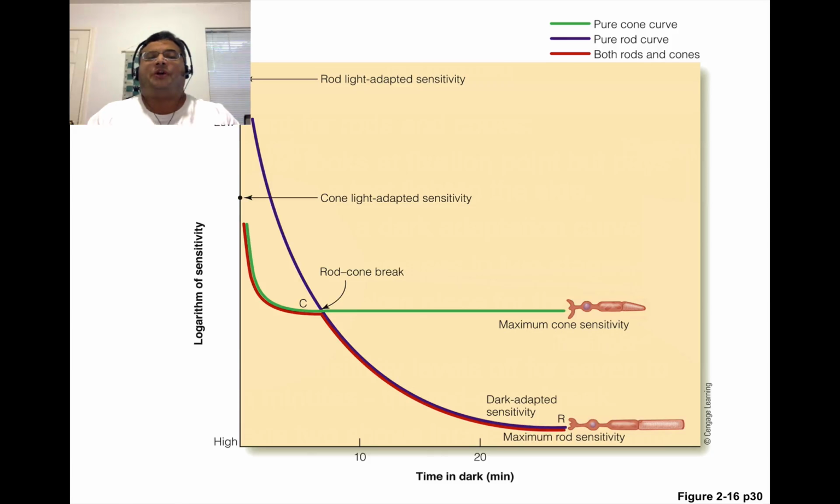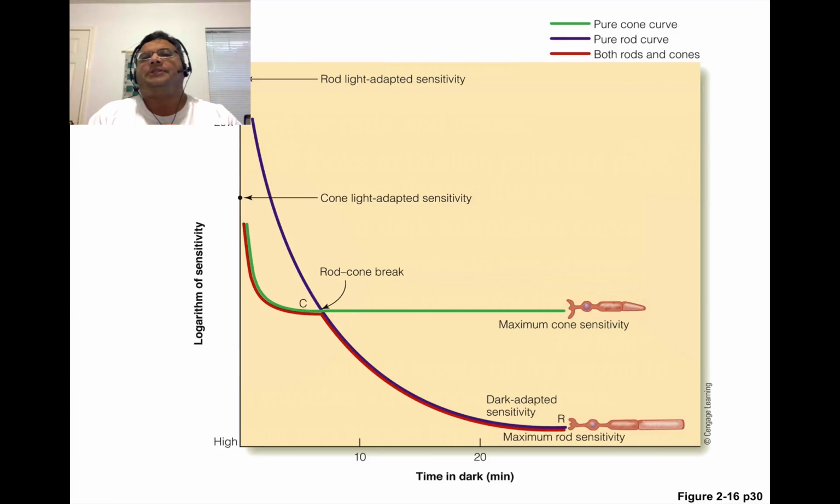We have one curve that tells us what our sensitivity to light is as a whole, just with our eyes, with both rods and cones working. And then we have one curve for the rods and one curve for the cones.